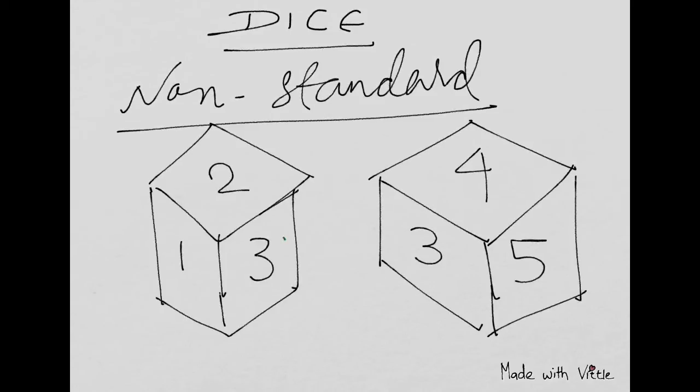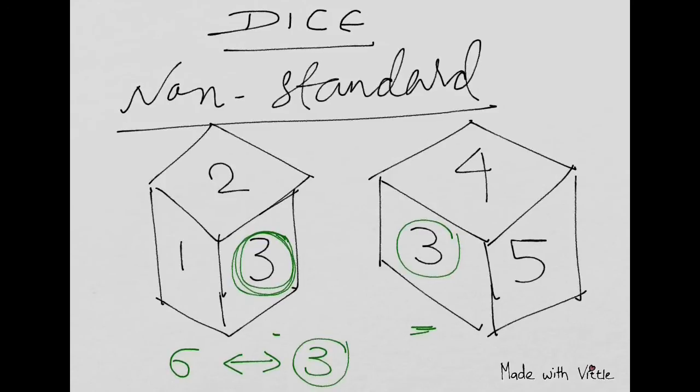Whenever the same number is shown two times in different figures, the missing number will be opposite to the common number. So what is the missing number here? It will be 6. So 6 will be opposite to 3, which is common in both of them. This is pretty simple. You can even relate it to the neighbors, and you can figure out why it is happening.